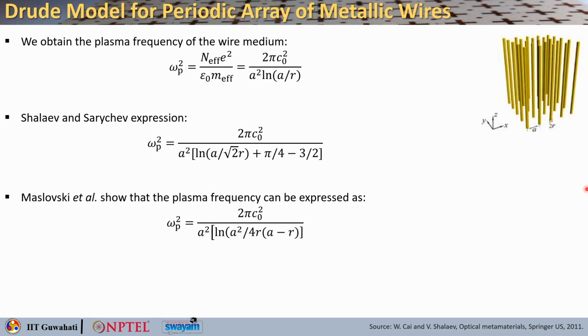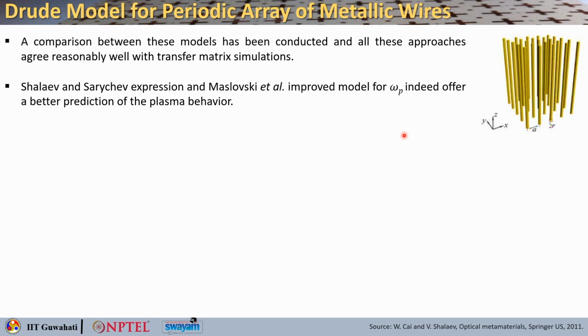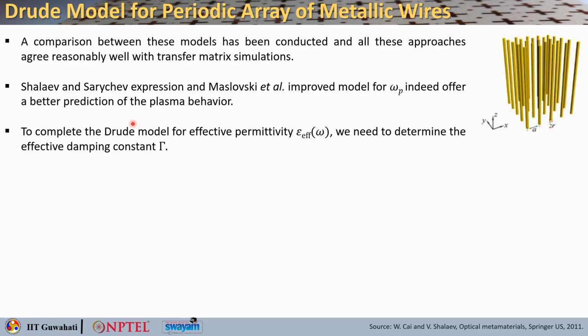You are just dependent on the two physical parameters A and r. So, if you compare these two models, you will see that all these approaches agree reasonably well with the transfer matrix simulation. Okay. So, the Shalaev and Sarychev expression as well as the Maslovski improved model for plasma frequency give you better prediction for the plasma behavior, okay.